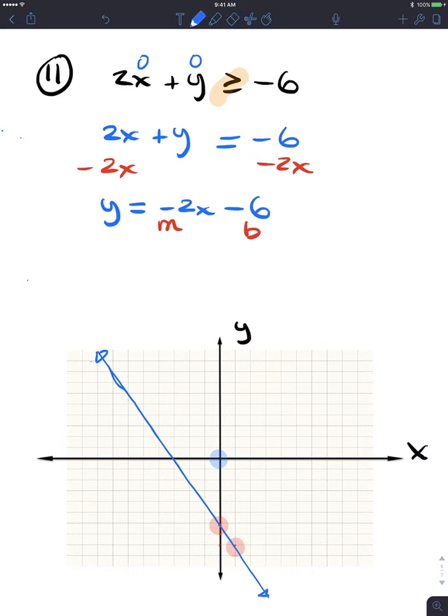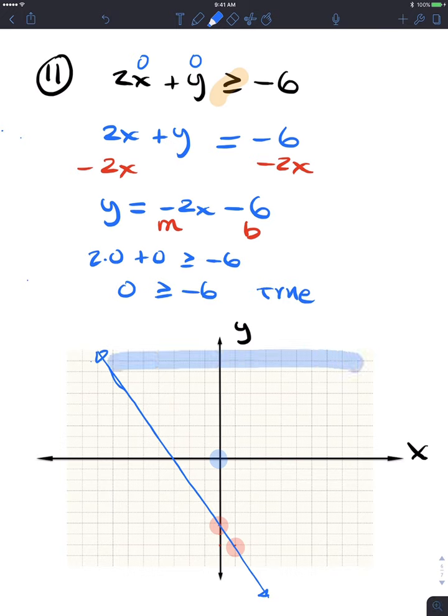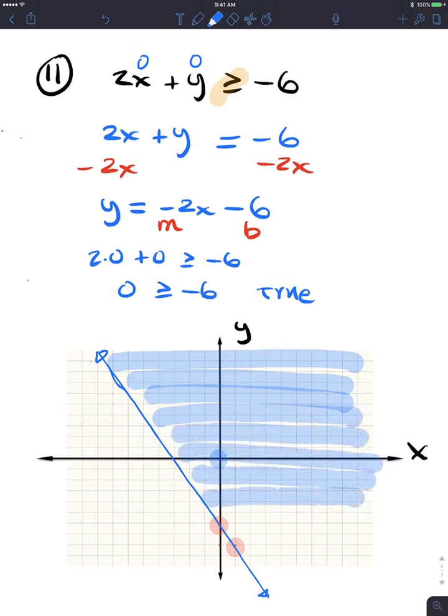Now 2 times 0 plus 0 has to be greater than or equal to negative 6. 0 is greater than or equal to negative 6. This is a true statement. We need to shade our region. We're done.